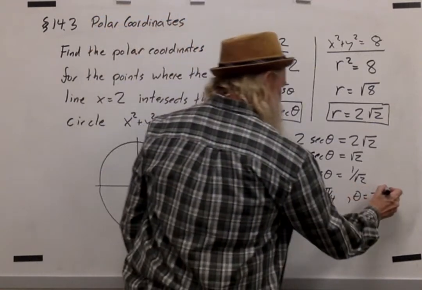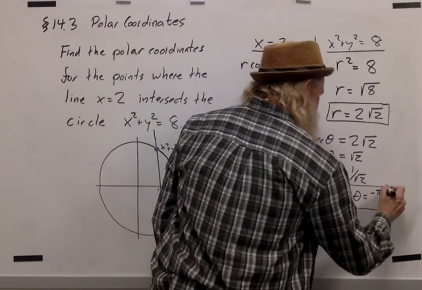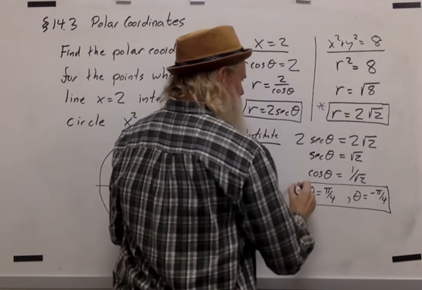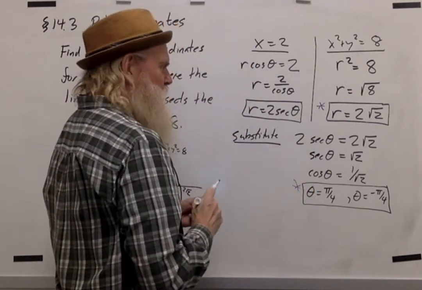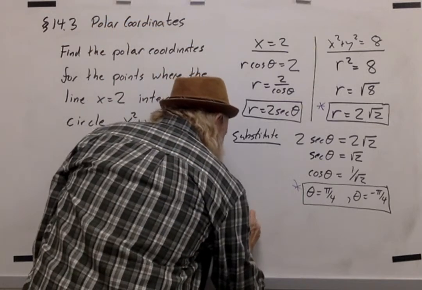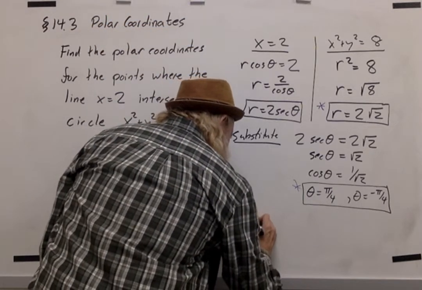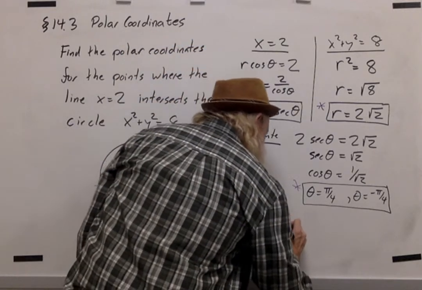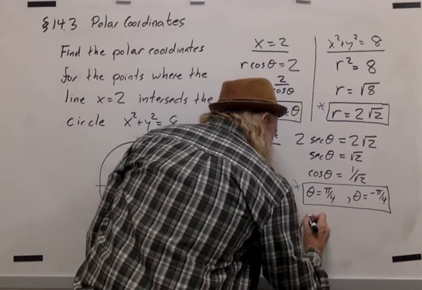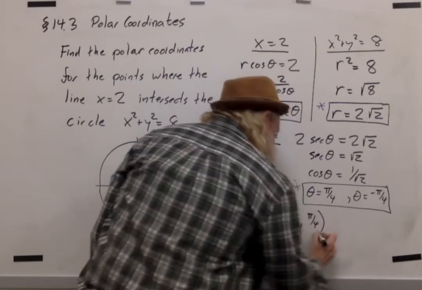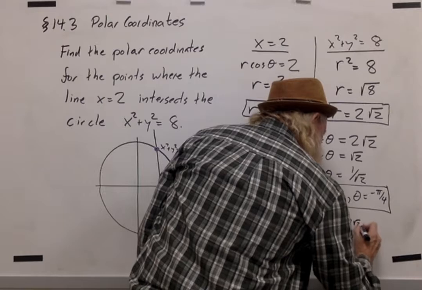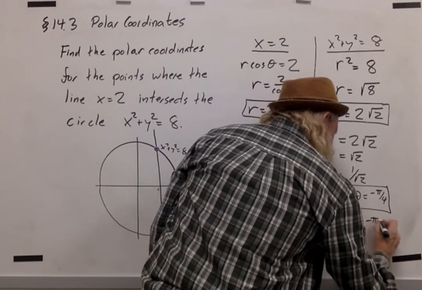So putting these together, I'm going to have 2 points of intersection, using this as r, and those as my two choices for theta. So one is going to be r is 2 square root of 2, theta is pi over 4, and the other one is going to be r equals 2 square root of 2, theta equals negative pi over 4.